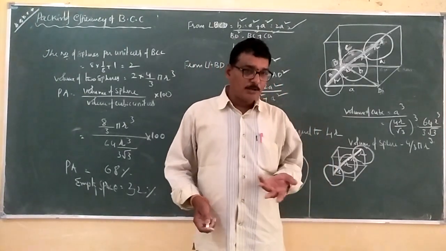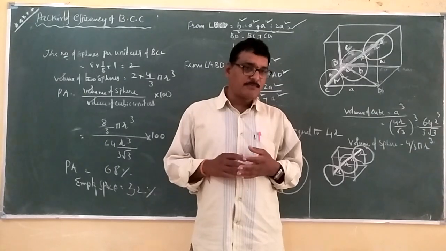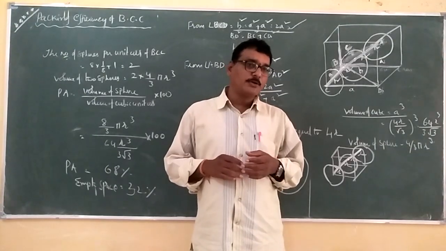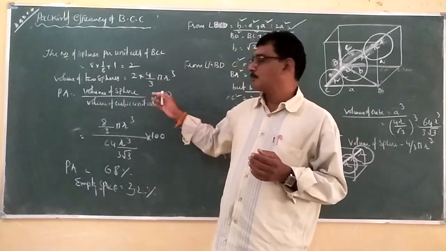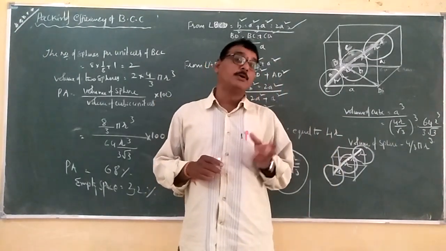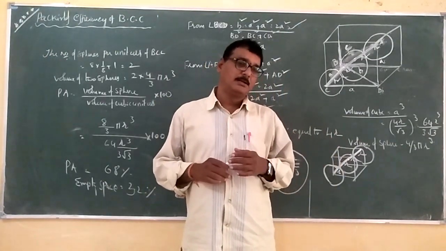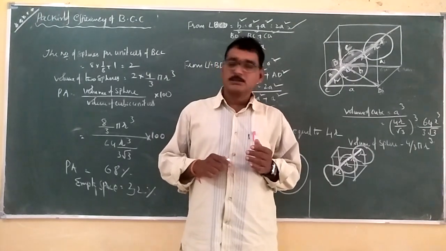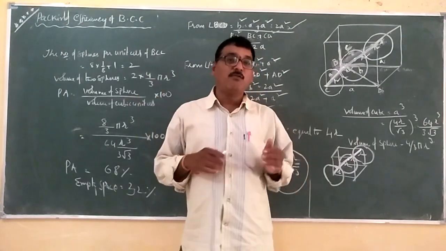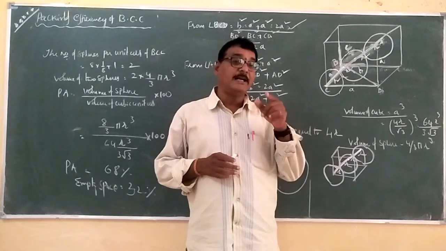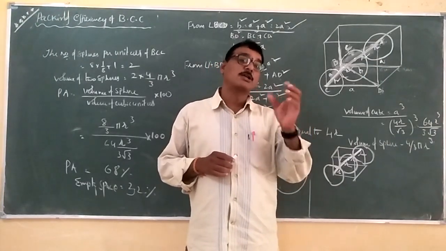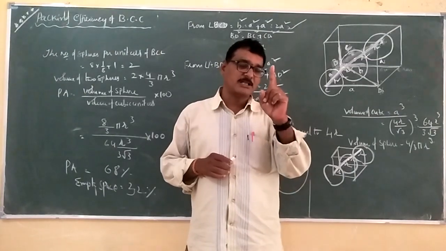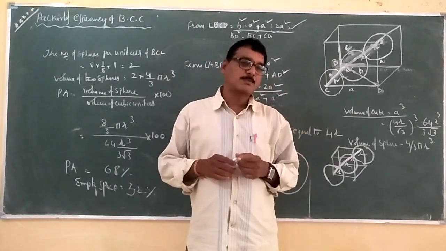Now, what is the packing efficiency formula I told you before? Volume of spheres divided by volume of cubic unit cell into 100. Volume of sphere is 4 by 3 pi R cube, but it is body centered. Yesterday what did I tell? Simple cube means one sphere.